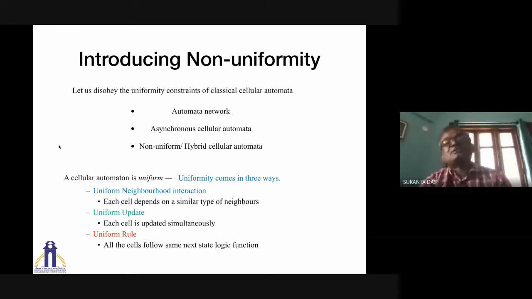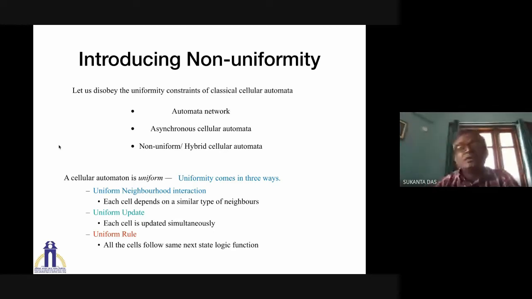I can relax each of these constraints. After relaxing them, I get three kinds of cellular automata.